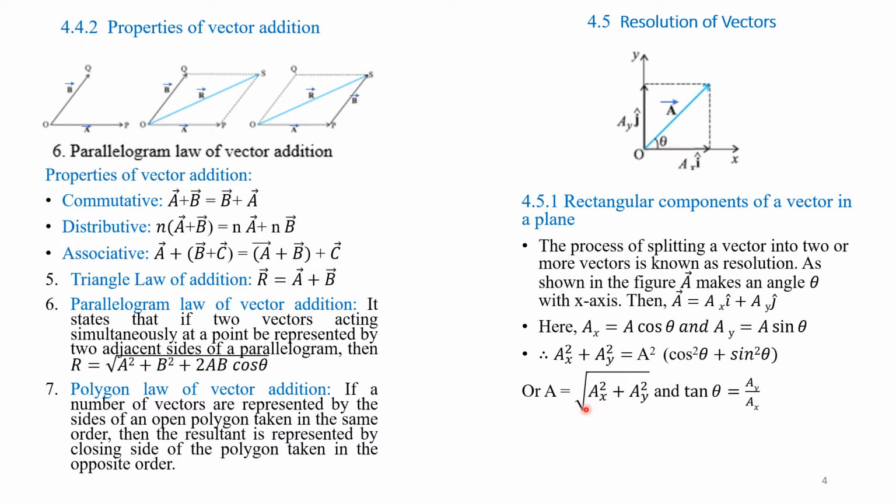Therefore, A is equal to the square root of AX square plus AY square, and tan theta is opposite side by adjacent side. So with respect to this theta, opposite side is AY and adjacent side is AX. This is the relation.